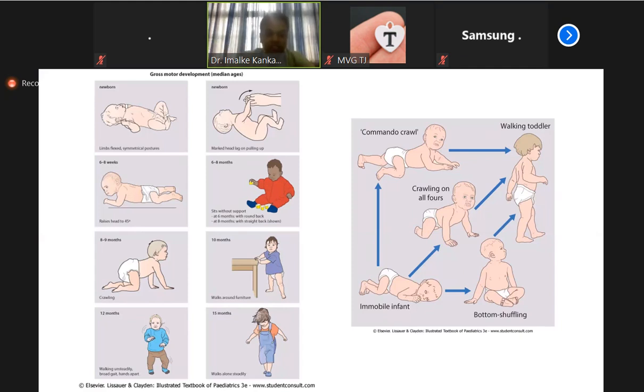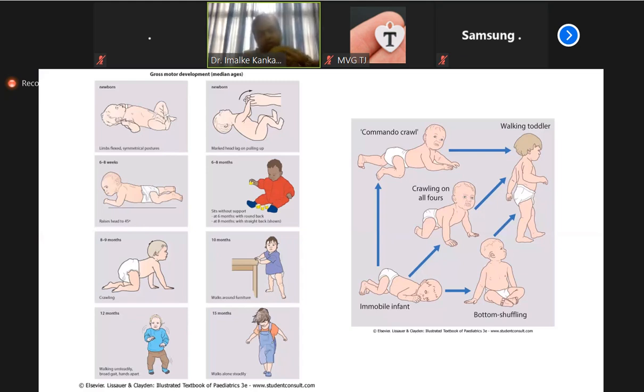And at 8 months, straight back. This photograph is the key for you all at the exam, because crawling will not be assessed at the exam. Walking around furniture is a bit difficult to assess, but on the bed sometimes we might ask mom to try to walk the child on the bed holding the rail.